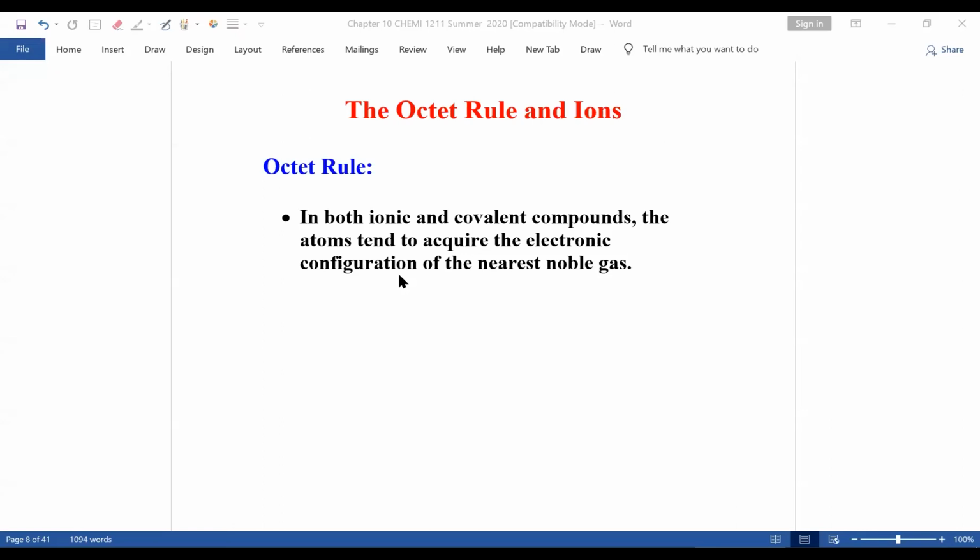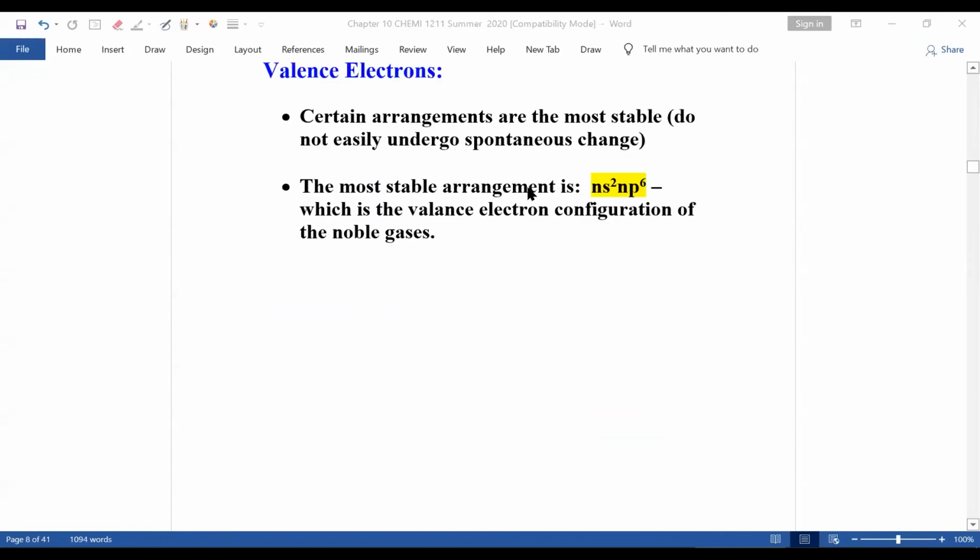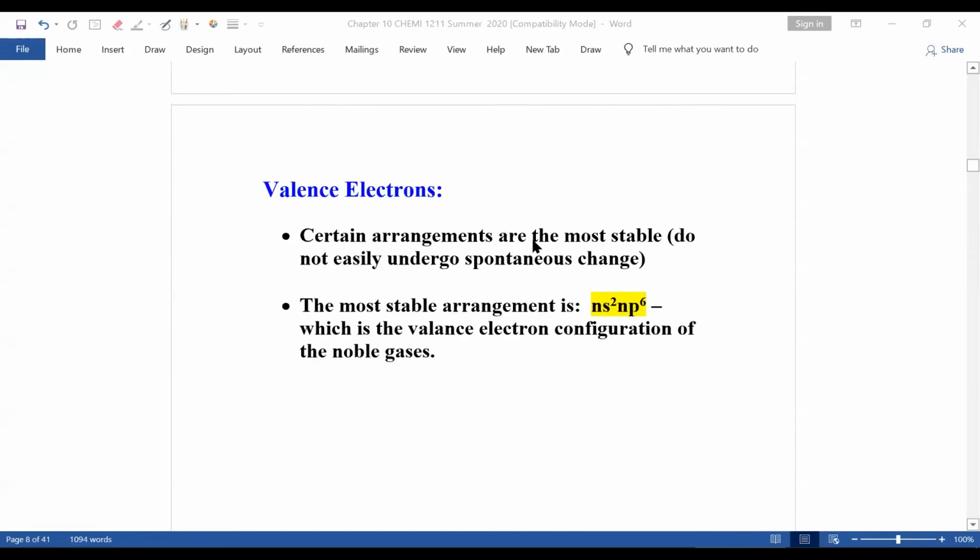And that means atoms want to have 8 valence electrons because that makes them very stable and very happy. I bet you didn't know atoms like to be happy. They do. And remember, valence electrons, certain arrangements are most stable when you have 8 valence electrons, which means they don't automatically change into something else.